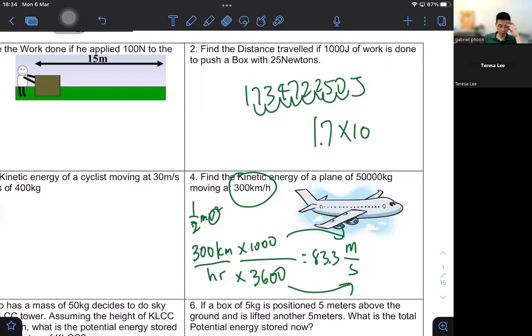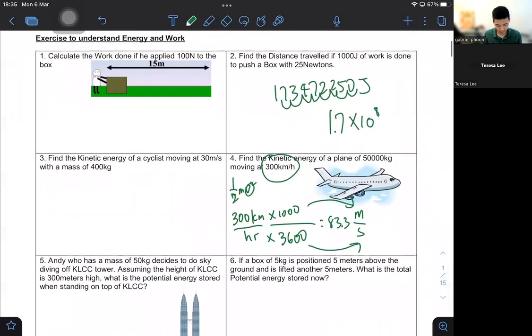It should be the power of 8 instead, right? What do you get? I forgot to square my 8313. Oh, you didn't square it. Supposed to be half mv square.